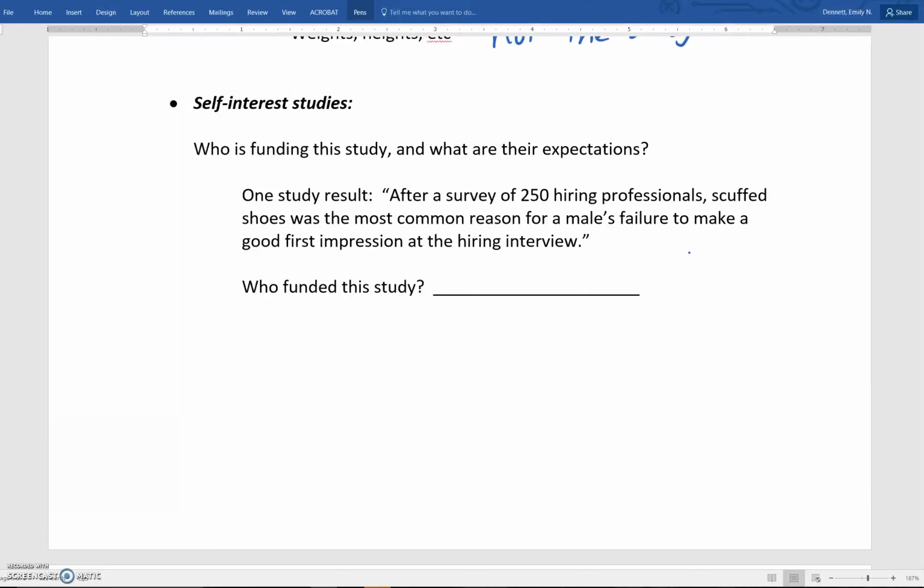So it says one study result. After a survey of 250 hiring professionals, scuffed shoes was the most common reason for a male's failure to make a good first impression at the hiring interview. Well, if you found out that this study was funded by a shoe company or a shoe polish company, that would probably change your opinion of the statistic than if you heard it was from someone who didn't have a stake in making money off of whatever the statistic showed.